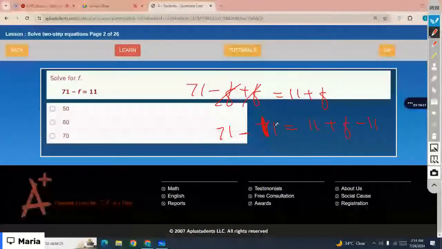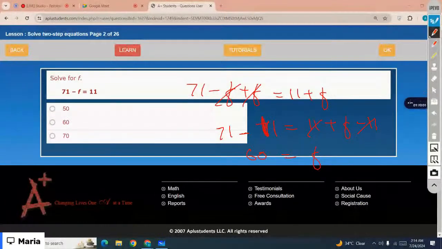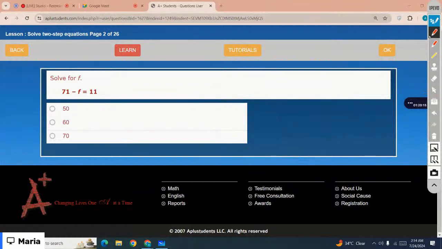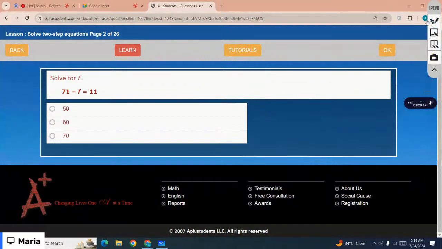That is 60 equals f. Yes, the correct option is f equals 60. Very good. Option number 2 is the correct option.